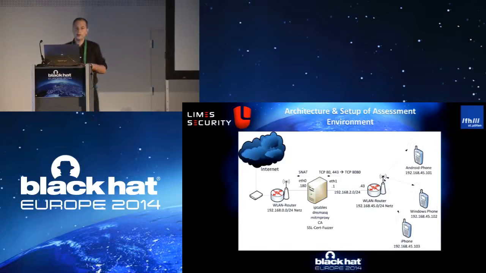Why did we have this setup? Well, we started out differently. We started out by just entering a proxy configuration into the mobile device, and thereby trying to force the mobile app to talk over our proxy. The funny thing was, some of the mobile banking applications complained. They said, hey, I detect that you have a proxy configuration.